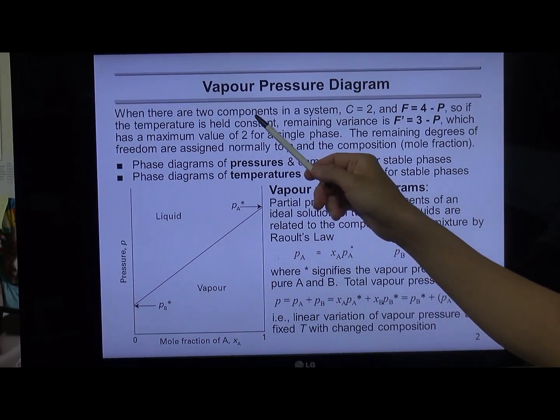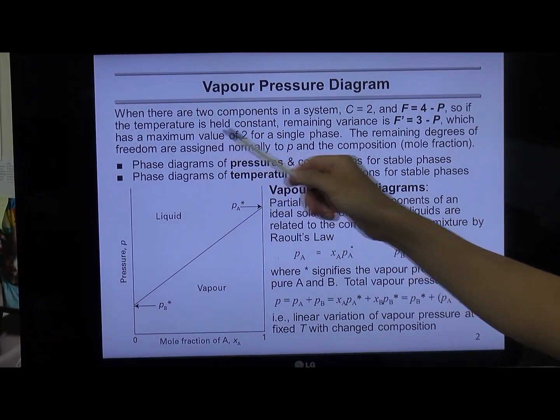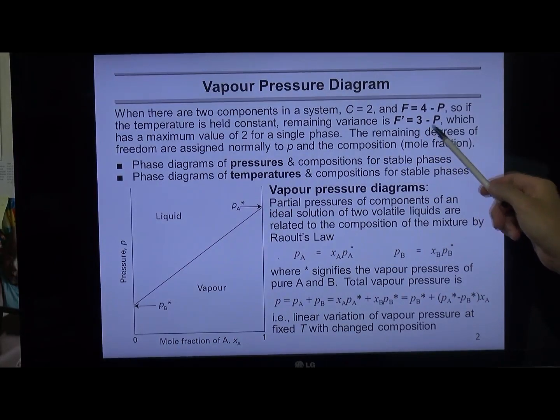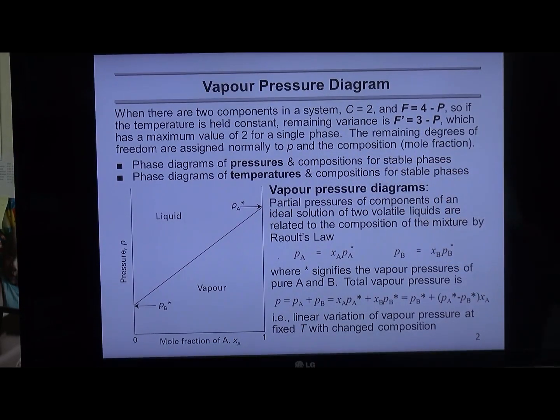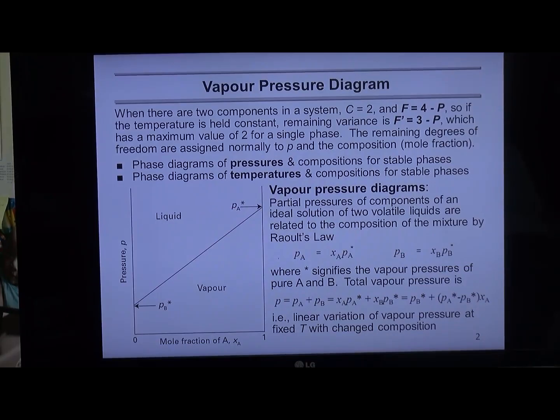For two-component system, if we fix the temperature, then the remaining independent intensive variables are pressure and composition. So basically, for simple binary mixture, we can have phase diagrams of pressure as a function of composition.